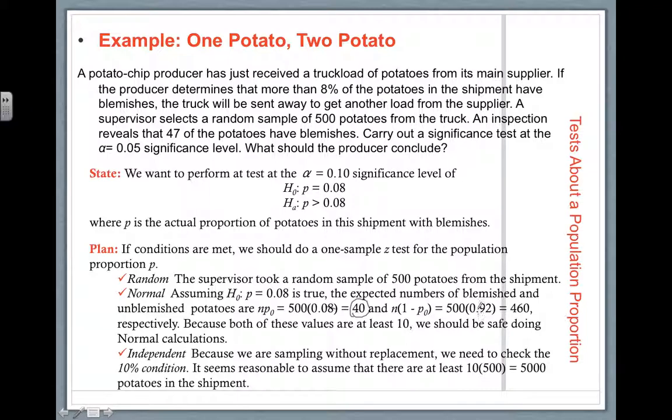Your expected fails, 460, definitely over 10. Finally, it's independent because we're sampling without replacement. We need to check the 10%, but it seems reasonable that there are at least 5,000 potatoes in the shipment, so I think it's safe to say that the 500 would be less than or equal to 10%.